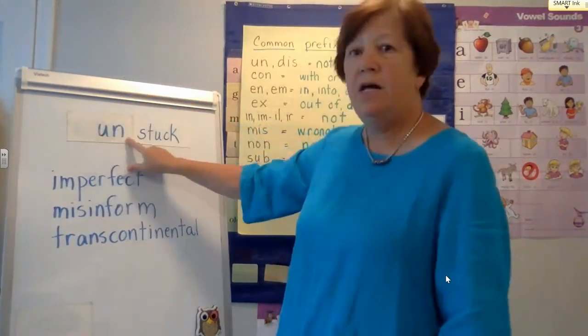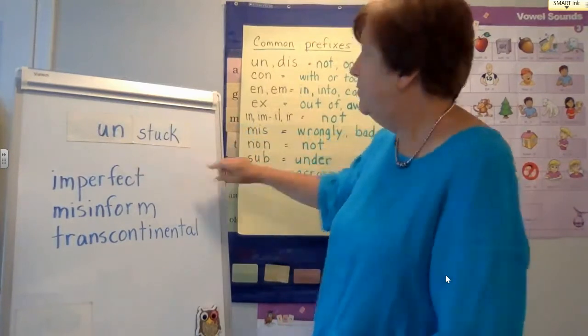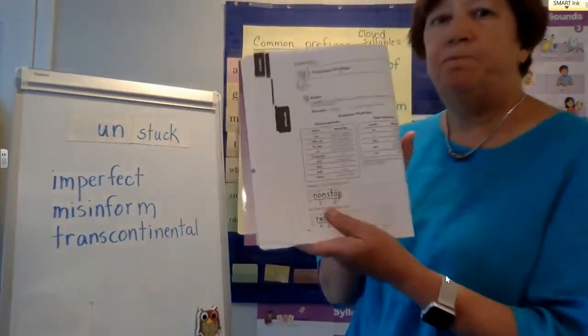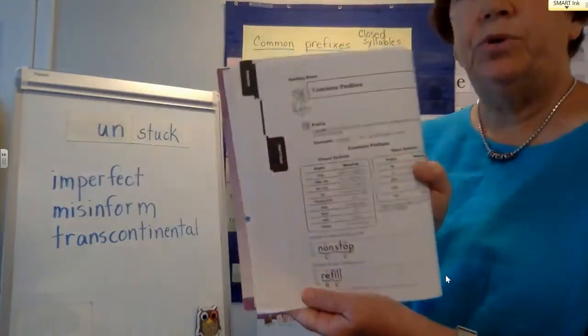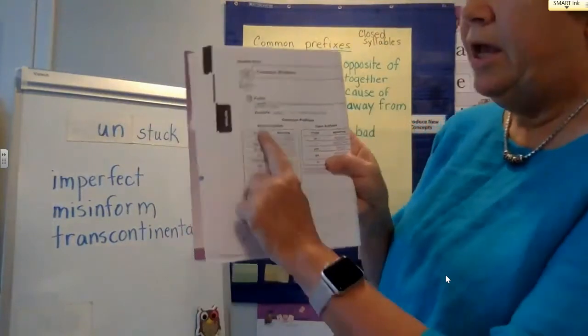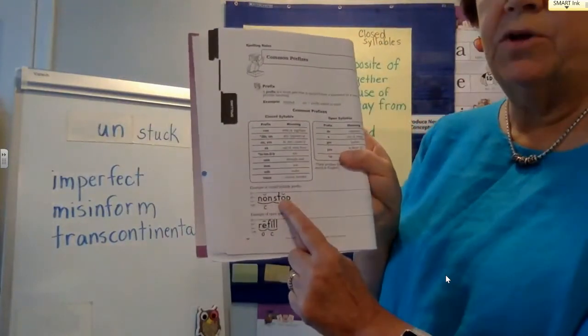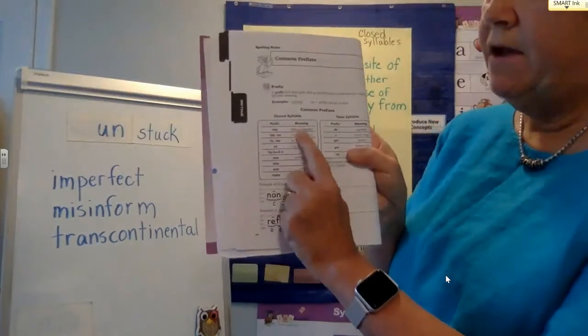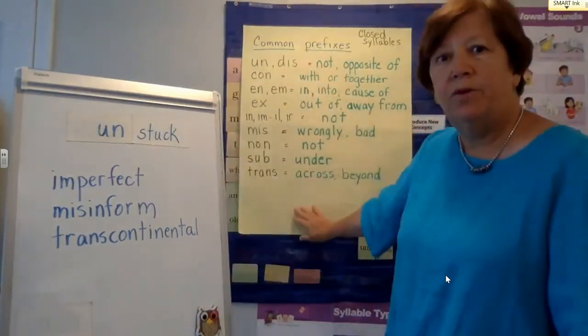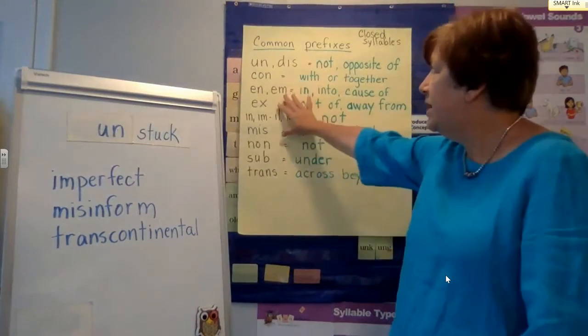I put unstuck. And you can look in your student notebooks, and you'll see on page 42 are common prefixes that we will be working with. On this column right over here are the closed syllable ones, and they have the meaning right next to it. But I've also written them up here on this sheet and hung it up on top of our letters.